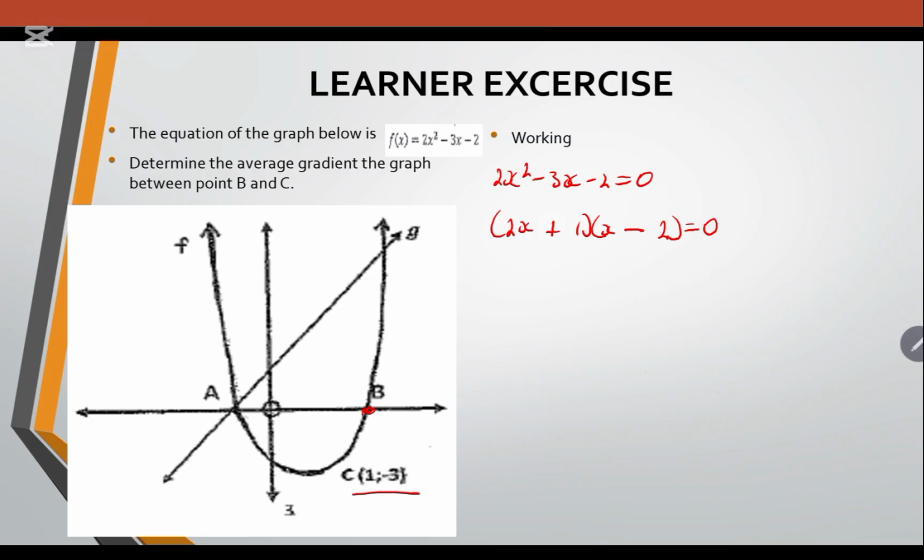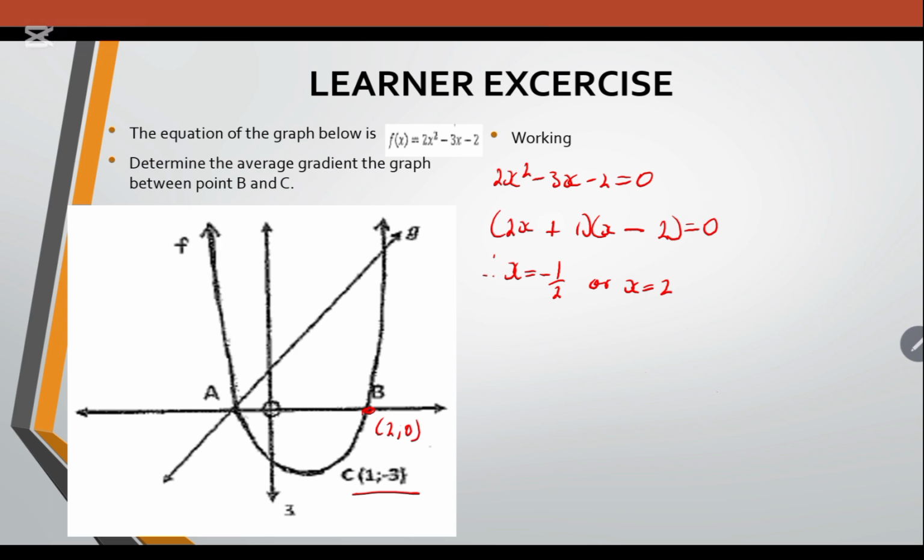So 2x times 2 will give us negative 4x, and then plus 1x will give us negative 3x. Therefore, x is equal to negative 1 over 2, or x is equal to 2. So that means the coordinates of B are (2, 0), because it is right at the x-intercept.